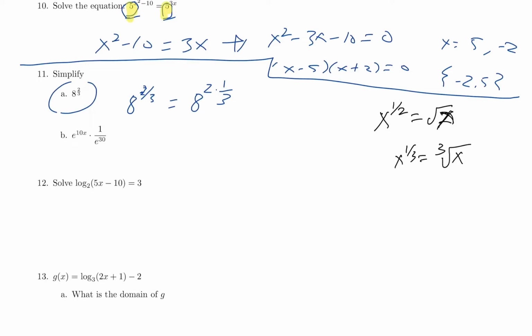So here, we can think of this as the cube root of 8 to the 2nd power, which is the cube root of 64. And the cube root of 64 is 4, because 4 times 4 times 4 gives us 64.